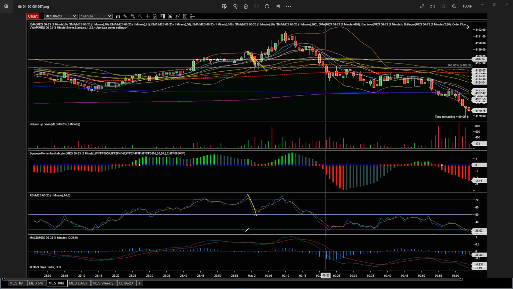That's what I think he's saying: look at RSI. If you see a big old fat candle like that and you don't see RSI like this, then it's holding. Then you start looking at the moving averages and you're like, wait a minute, it's holding the 50 right here.